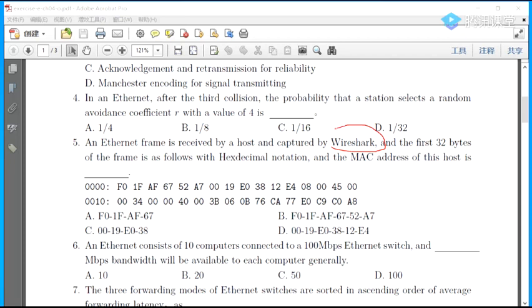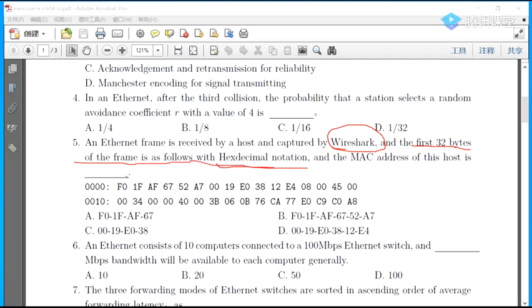Okay, we have used the Wireshark software for experiment 1. Then the first 32 bytes of the frame are as follows, in hexadecimal notation.